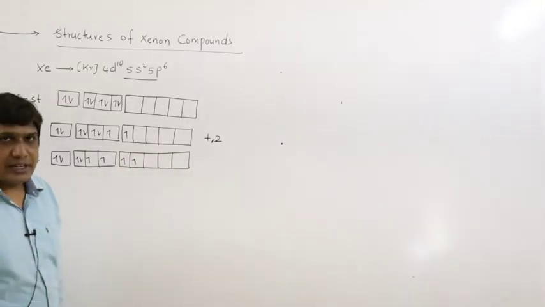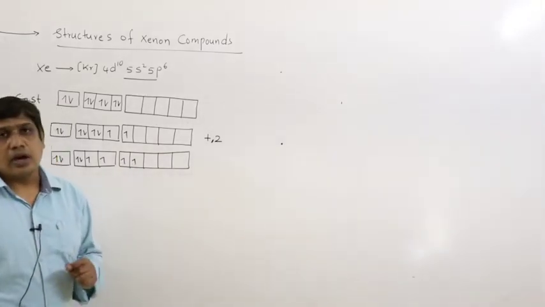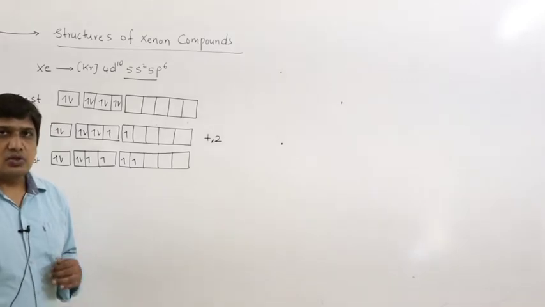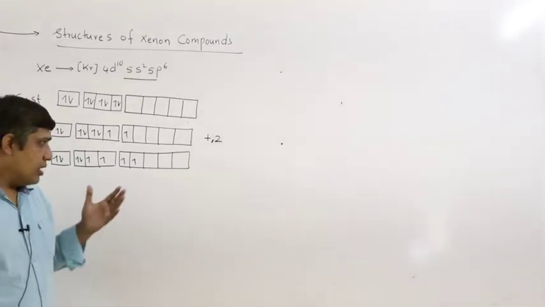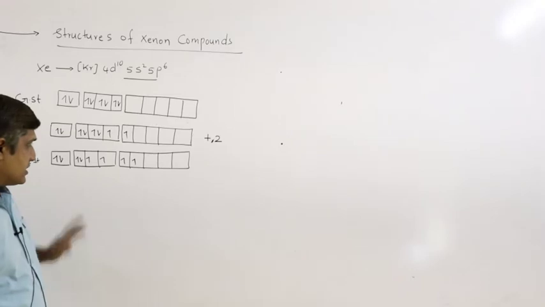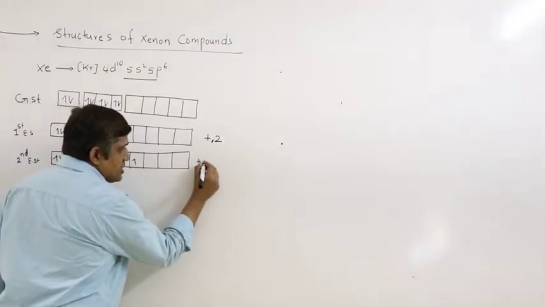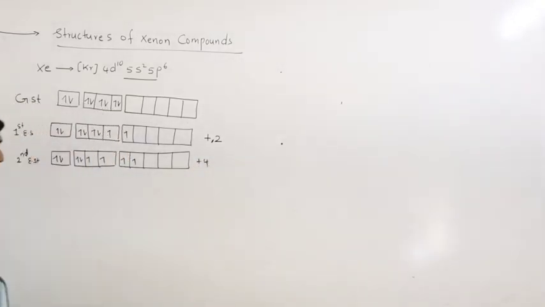So in the second excited state, xenon has 4 unpaired electrons, and the possible oxidation state is +4.